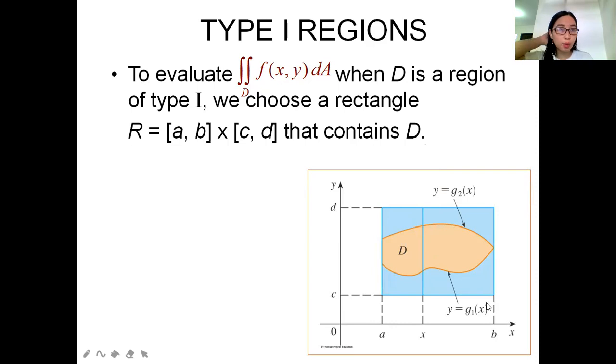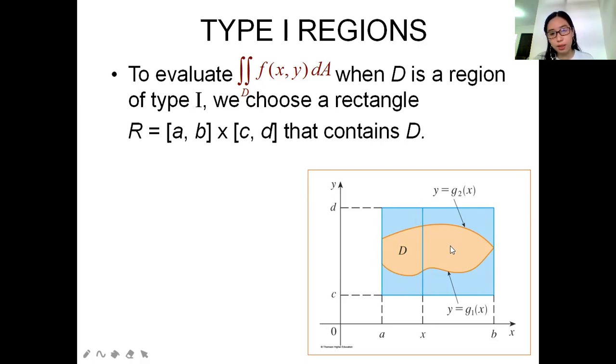R is equal to [a, b] times [c, d], which contains D.